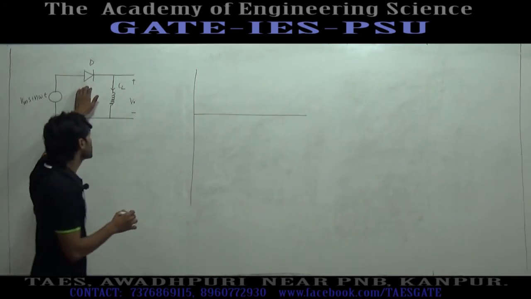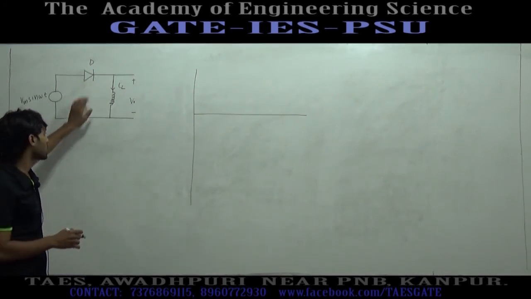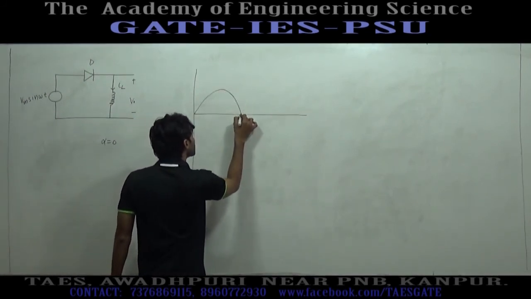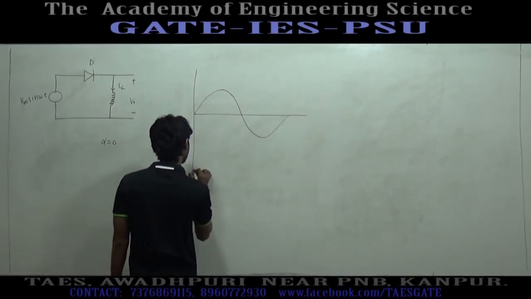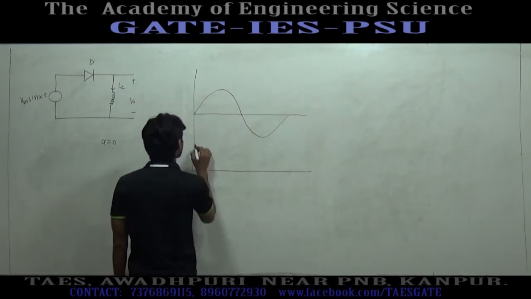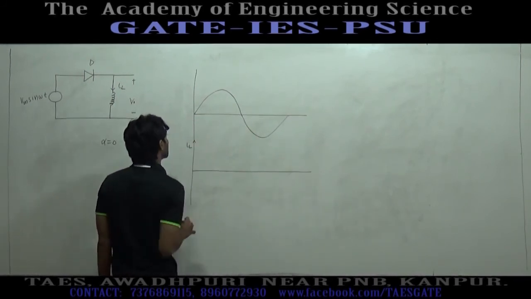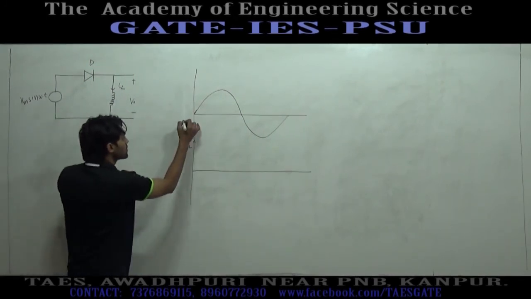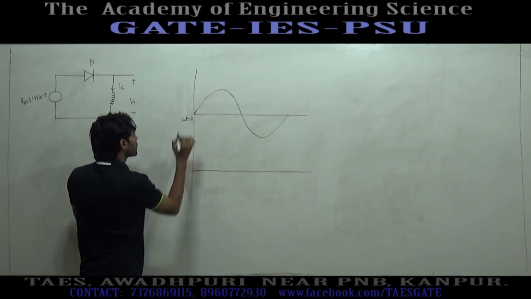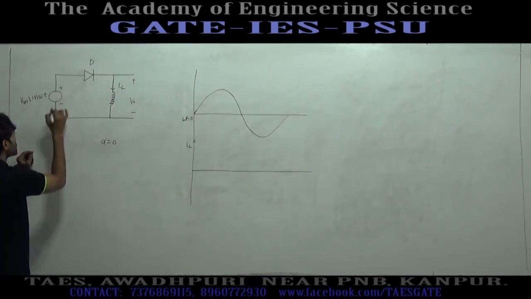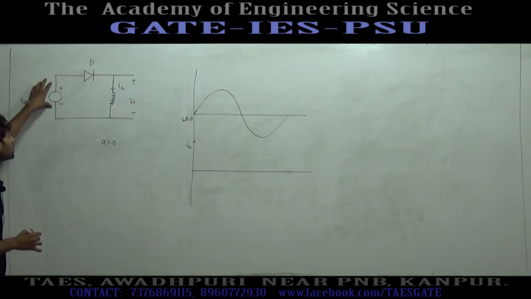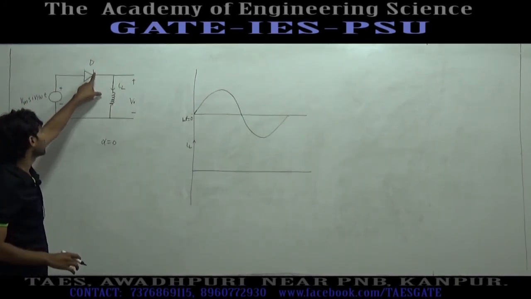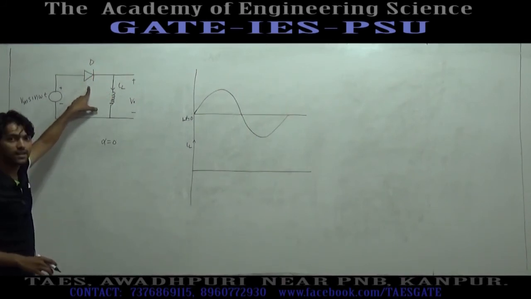Now, if the diode is connected in place of the thyristor, we will take alpha equal to 0. I am first drawing the graph for input voltage, and this is the inductor current. At omega t equal to 0, as soon as the polarity of input voltage becomes positive, since there is no thyristor here, there will be no firing angle delay.